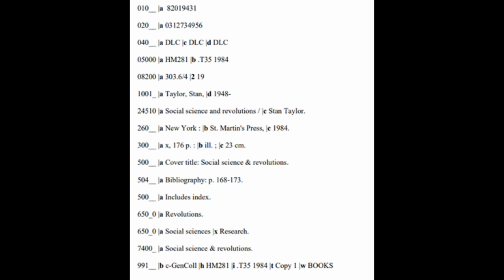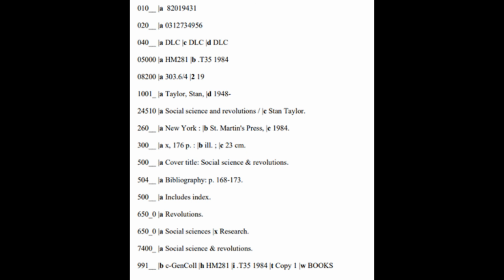Then tag 100, you have there first indicator 1, second indicator blank, then the name of the author in transposed form, Taylor, Stan, then his birth date, then no indication of the death date. If Taylor Stan is already dead, we can indicate the death date there, the year of his death.